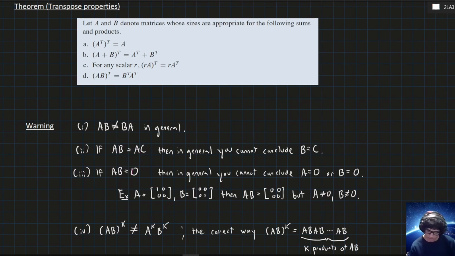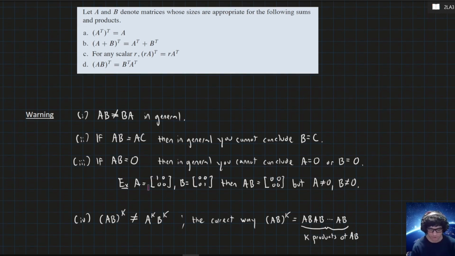Another thing you can't do with matrices that you can do with real numbers is this: if you have the expression AB equals 0, then you can't conclude that one of A or B is 0. With real numbers, if xy equals 0, then you can conclude that at least one of x or y is 0, but not for matrices.